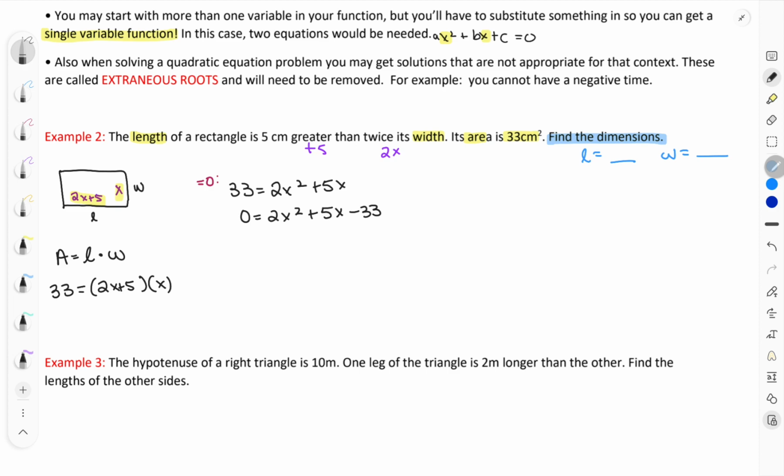So now when I'm going to solve this, I could solve this graphically, which would be fine, right? It doesn't tell me to do it algebraically, so that would be a totally valid solution. I could do it by factoring, right? Now this one, it might not be obvious immediately that it is factorable, but there are numbers that multiply to negative 66 and add to 5.